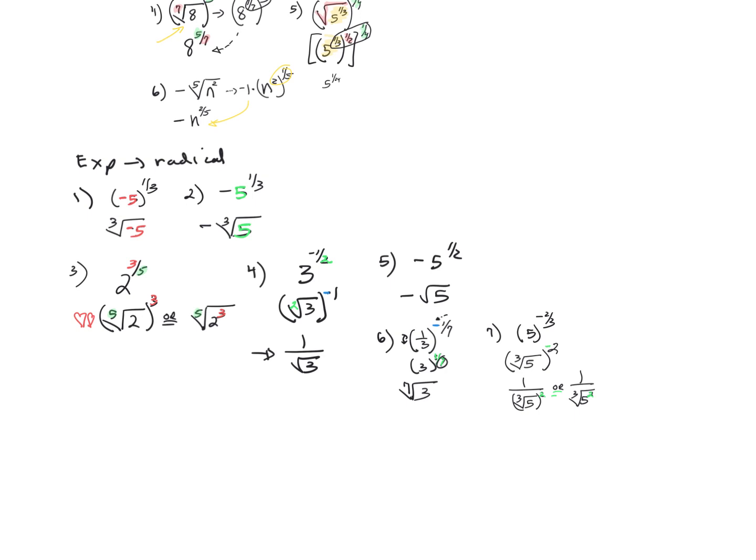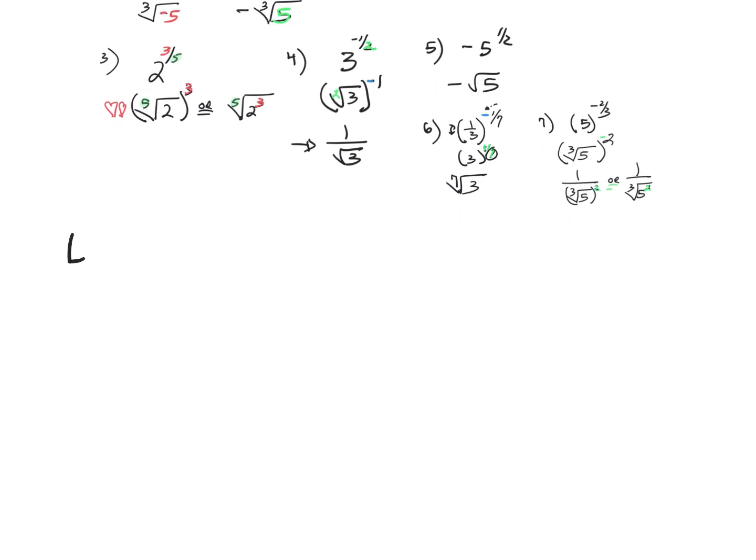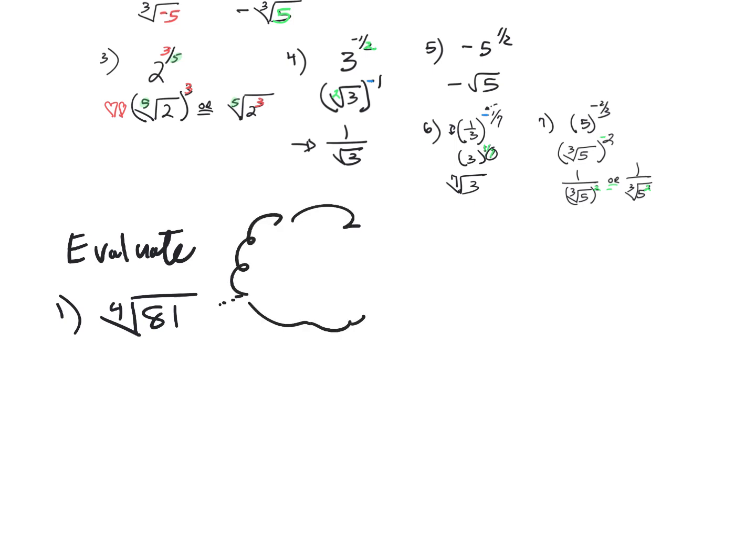And then evaluating without a calculator. Evaluate without a calculator. So what would the 4th root of 81 equal? Remember, you're thinking in your head, what could you possibly raise to the fourth power that would equal 81? Is it 2 times 2 times 2 times 2? 3 times 3 times 3 times 3?